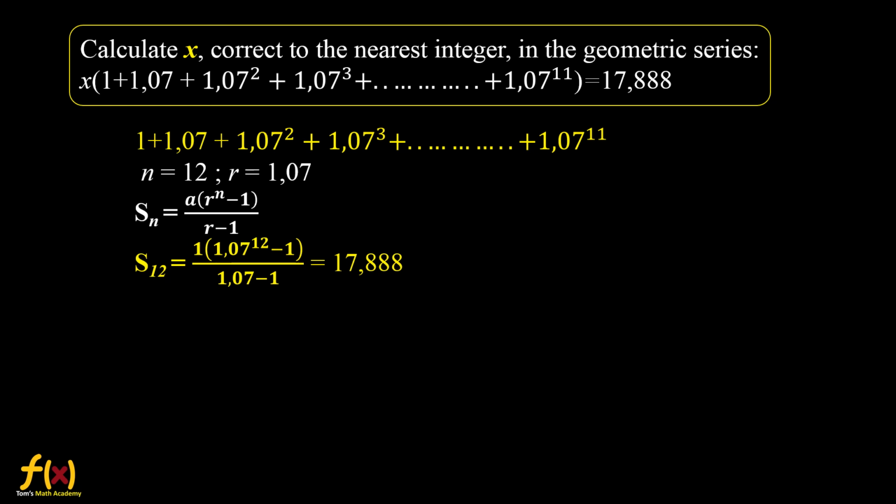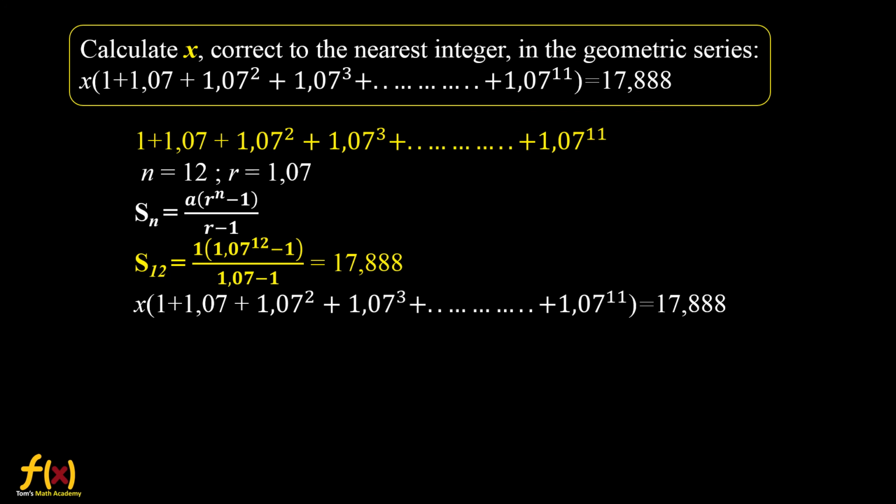So we use that value in the question. We get X times 17 comma 888 is equal to 17 comma 888. Therefore, X is equal to 1. Good question.